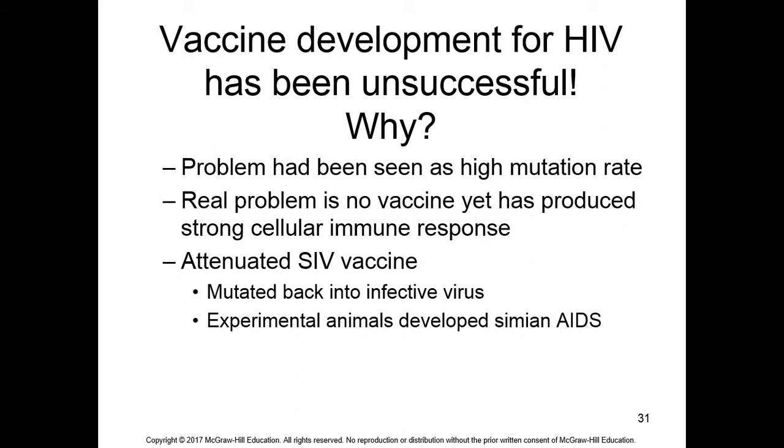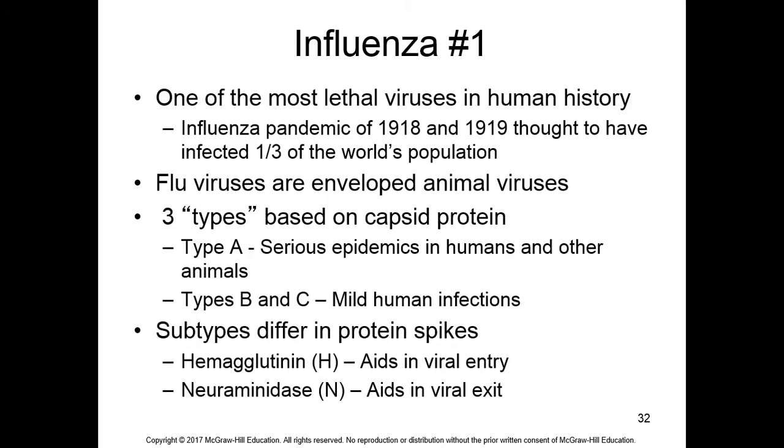Some attenuated simian immunodeficiency virus vaccines have also been tried in animals, but it is still under process.